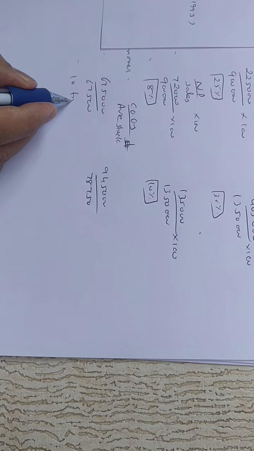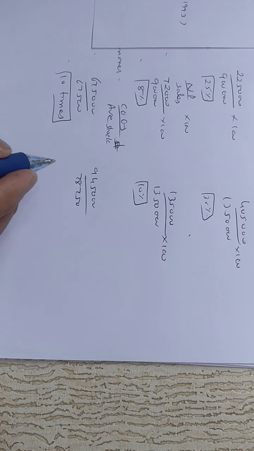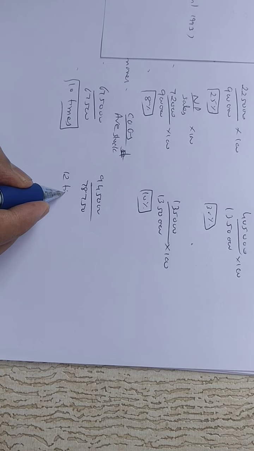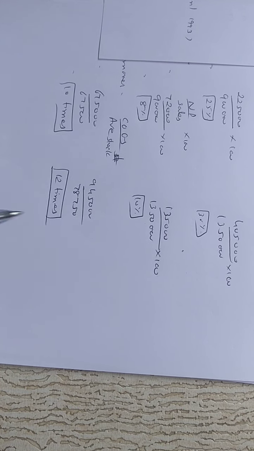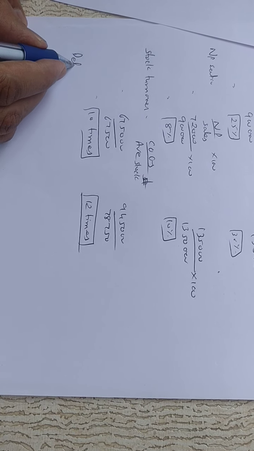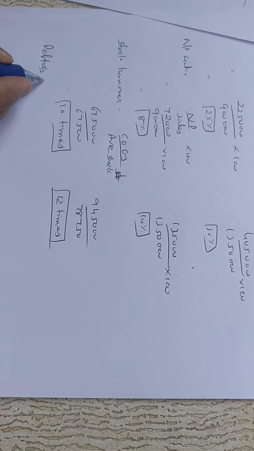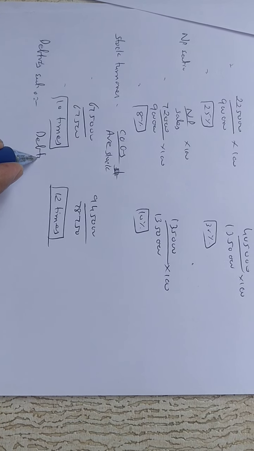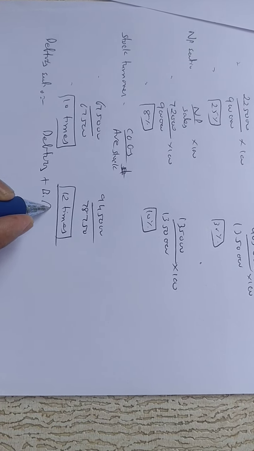The answer is 10 times, and another one, the answer is 12 times. Next is debtors ratio.